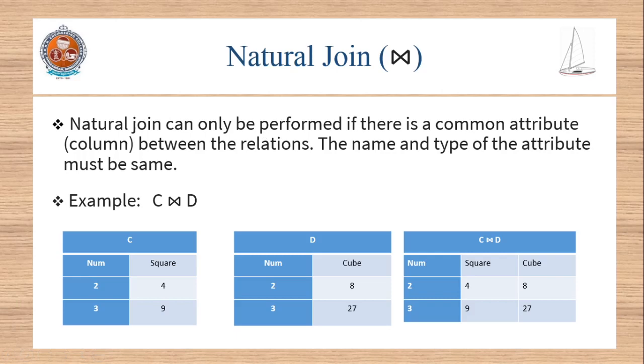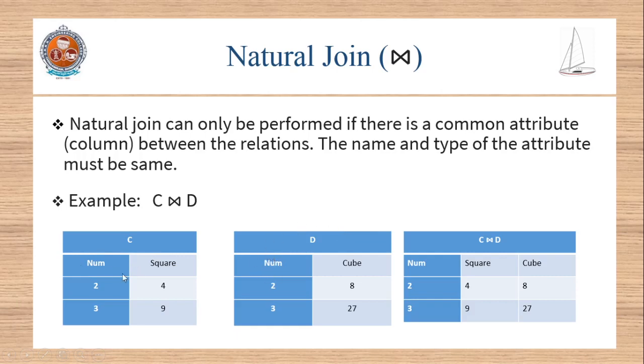See here, for this example, we have considered different tables other than table A and table B. We have considered table C and table D. In table C, we are having one column named num, and in table D also we are having one column named num.